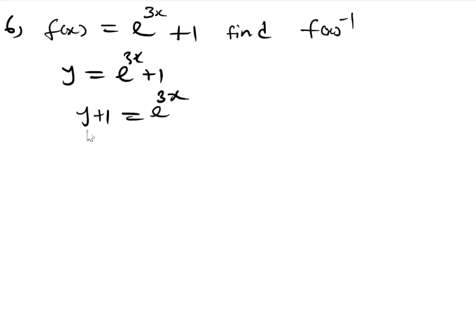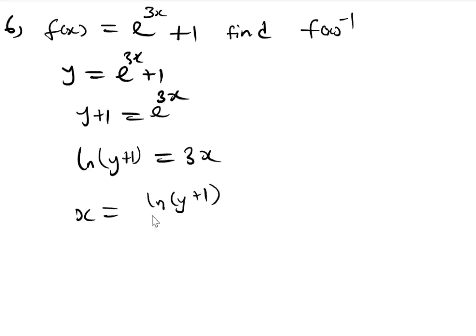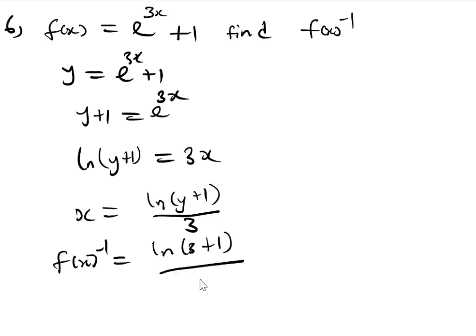If I multiply both sides by ln, I have ln of y plus 1, and this is equal to 3x. Dividing both sides by the coefficient of x, I have that x is equal to ln of y plus 1 divided by 3. Rule number 3, whenever you see y, substitute x. This is ln of x plus 1 divided by 3. This is our final answer.